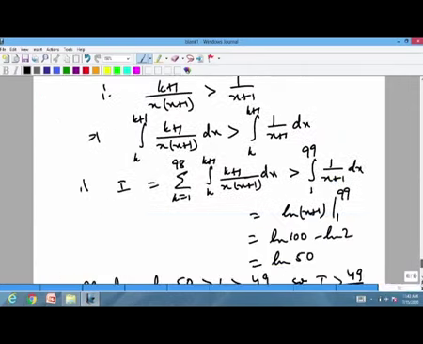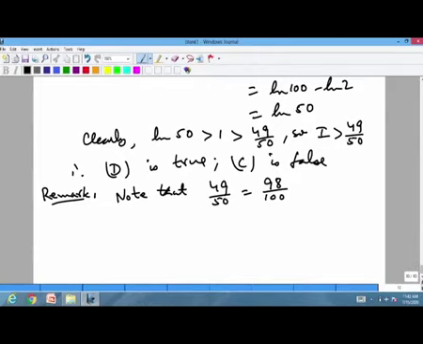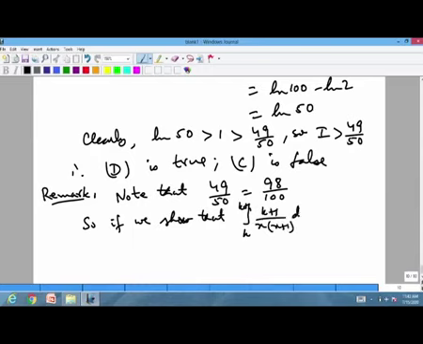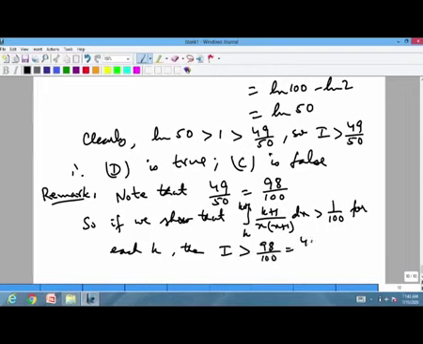So, let us look at the integral. So, if we show that integral k to k plus 1 is bigger than 1 by 100 for each k, then I will be bigger than 98 by 100, which is 49 by 50.